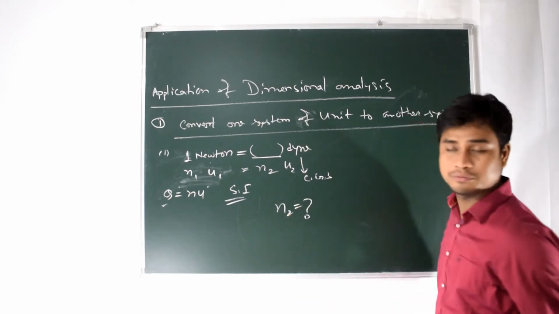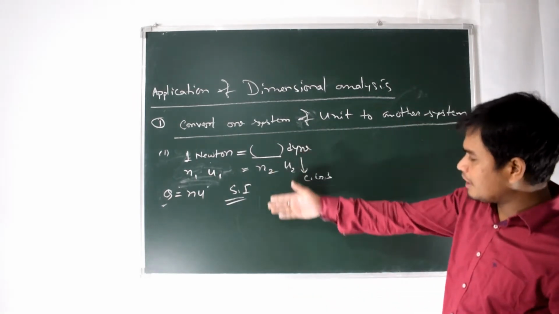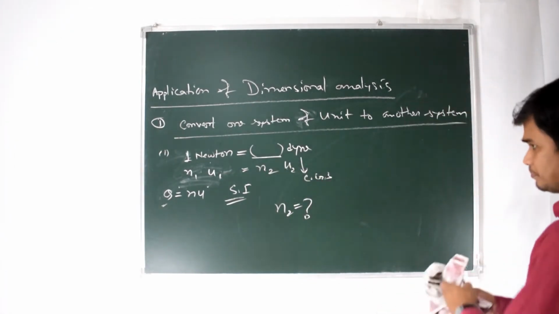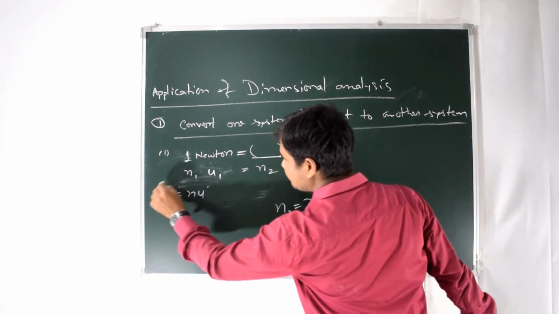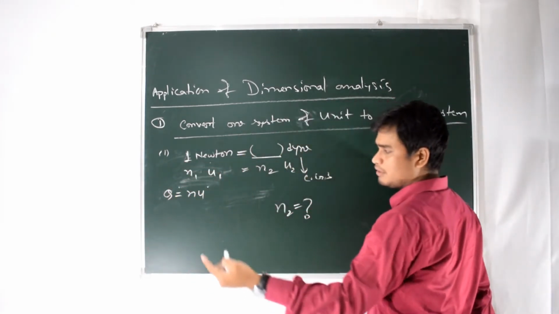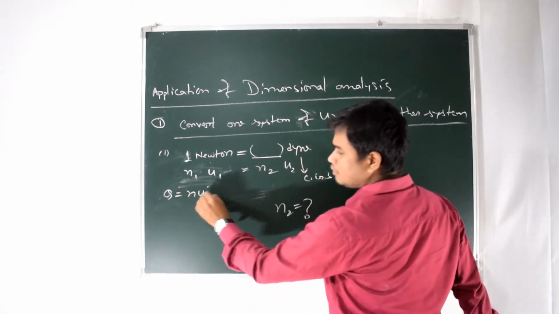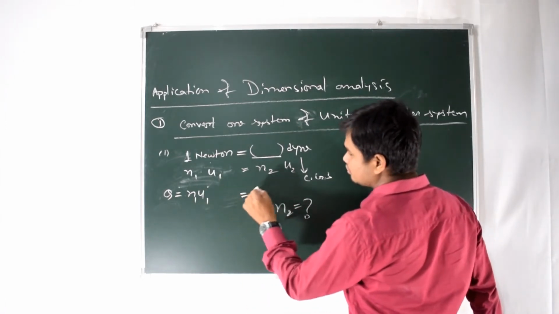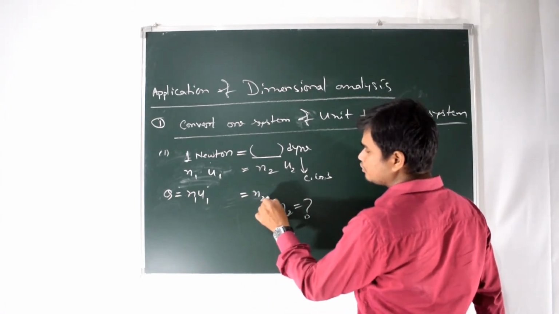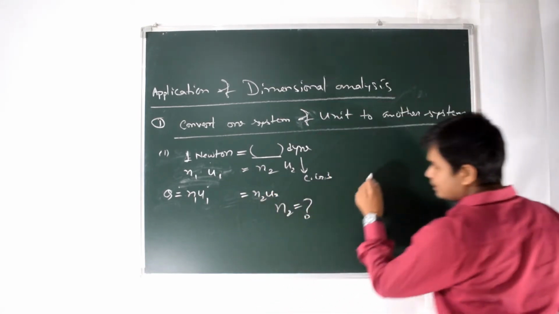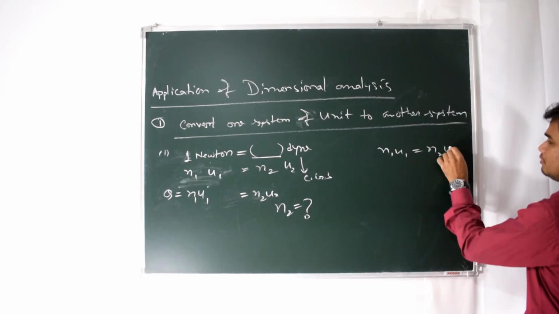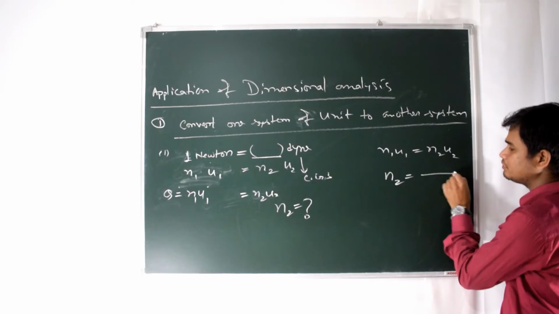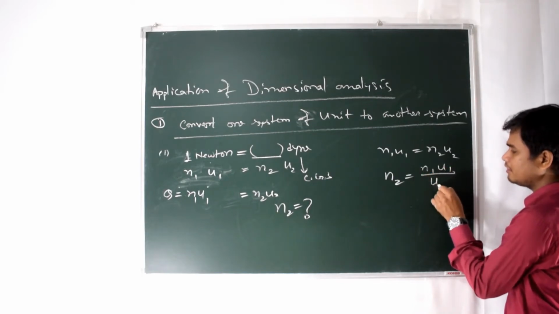If we are able to find the value of N2, then the conversion is done. It is the same physical quantity, force. So Q is equal to N U, and we can write N1 U1 is equal to N2 U2. Therefore N2 is equal to N1 U1 by U2.